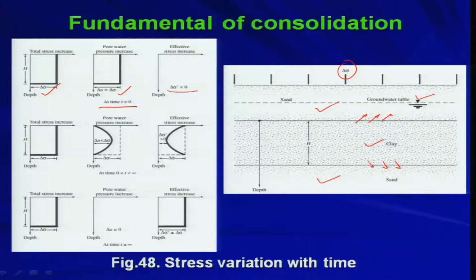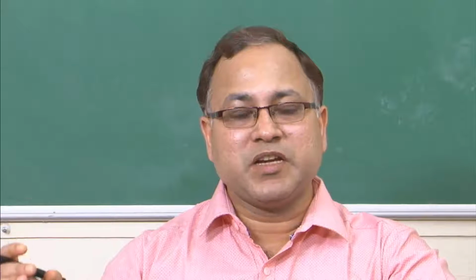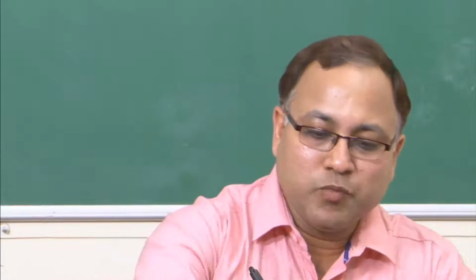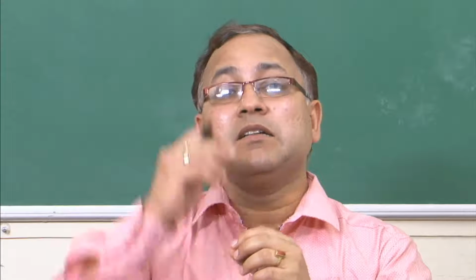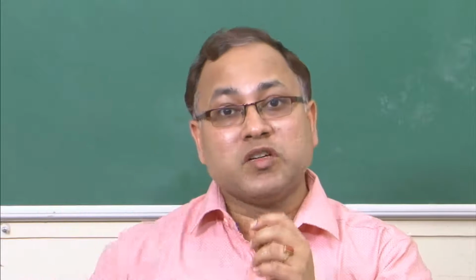You will get simply 0 pore water pressure at the interface, because that location is the nearest to the drainage path. That is why the pore water pressure is dissipated immediately at those locations, at the top as well as the bottom, and it remains maximum at the middle, because the middle water particle has to move either towards the top or towards the bottom to drain out from the clay deposit.